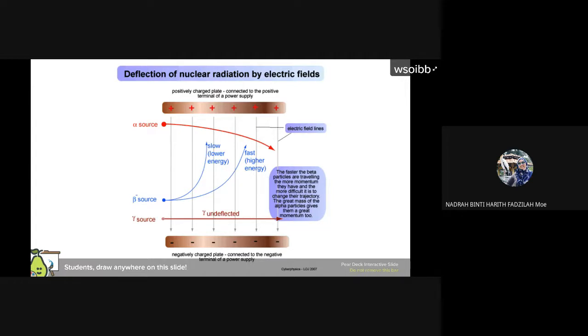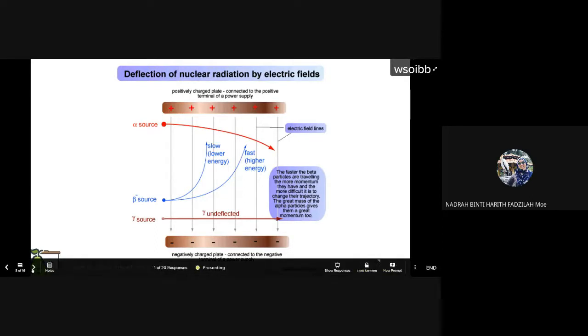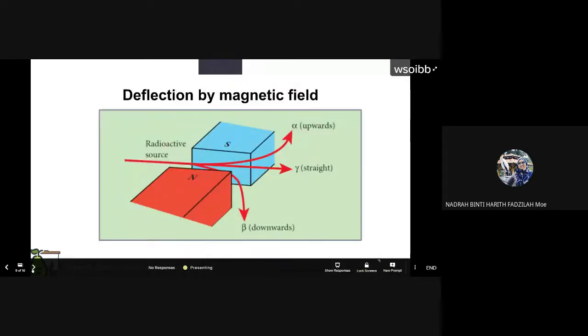For gamma ray, since gamma ray is neutral, when it goes through electric field lines, it has no deflection anywhere, it does not go to the negative or positive plate because it is neutral. So it goes through electric field lines unaffected. What about magnetic field lines?